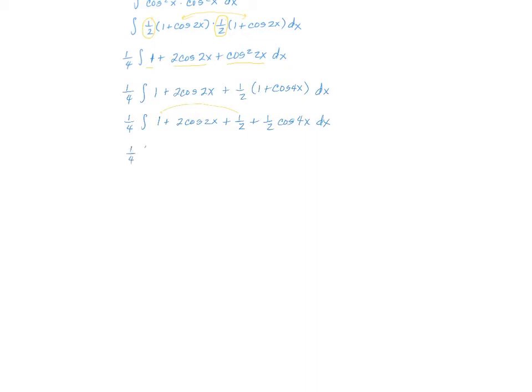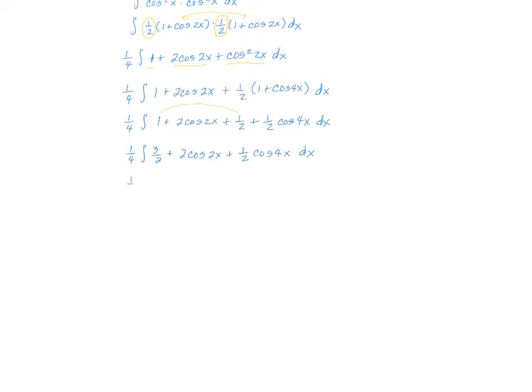So 1/4 integral of 3/2 plus 2 cosine of 2x plus 1/2 cosine of 4x dx. If you want to clear the fractions by factoring out a 1/2, you can, but I'm not going to. I'm just going to integrate it as it's written.